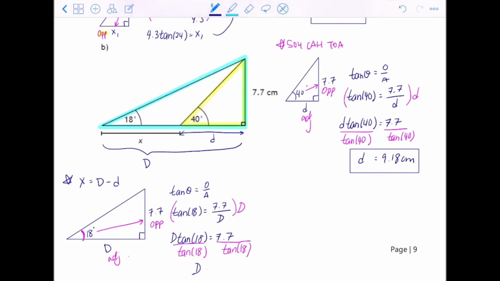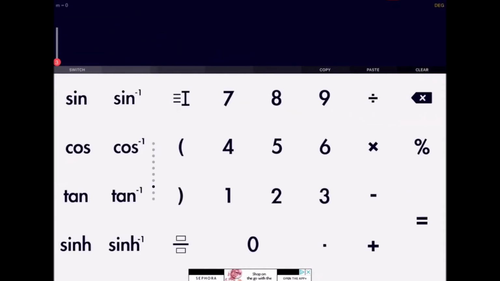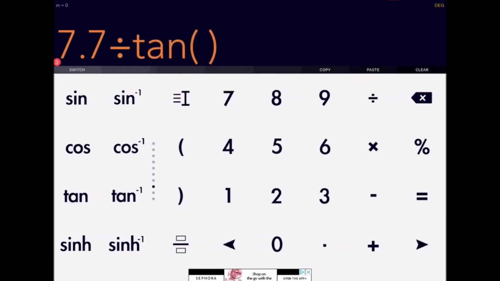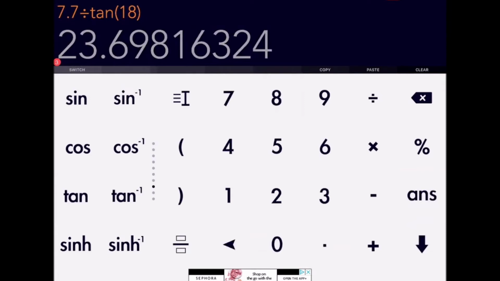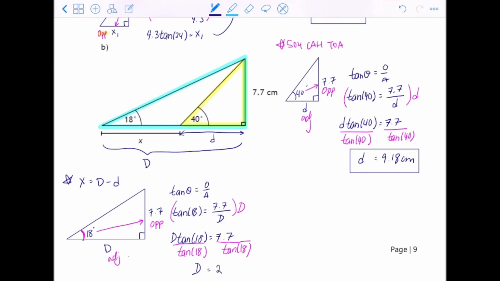You get capital D equal to 7.7 over tan of 18. Okay, so let's take a look. 7.7 over tan of 18 equals 23.70 centimeters.